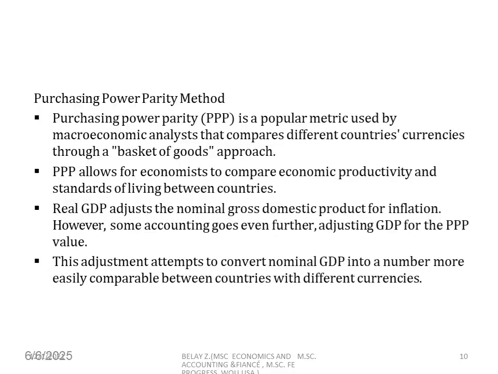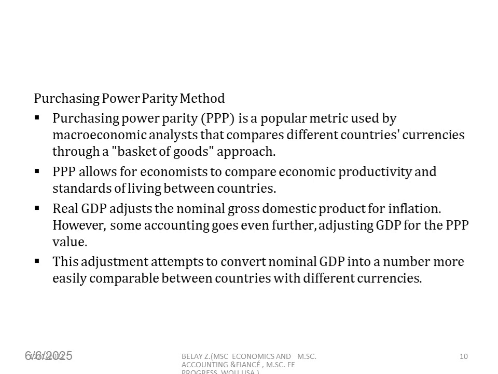The second method is the purchasing power parity method. Purchasing power parity is a popular metric used by macroeconomic analysts that compares different countries' currencies through a basket of goods approach. It allows economists to compare economic productivity and the standard of living between countries.